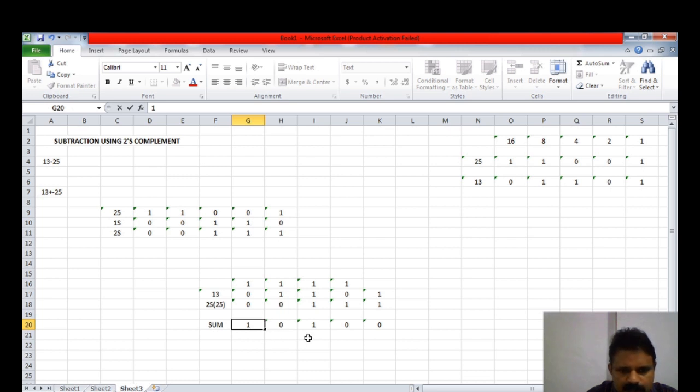So it is 10100. If no carry, the result is negative, and this is the result, and it is representing minus 12.